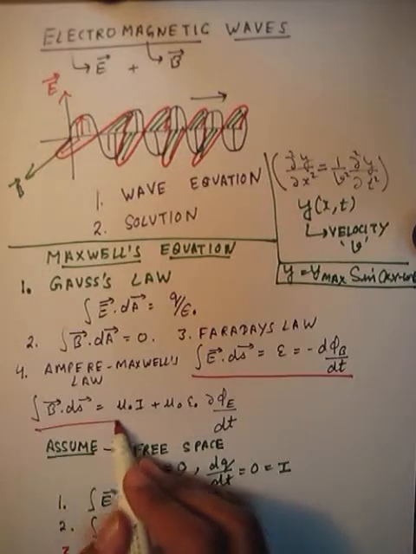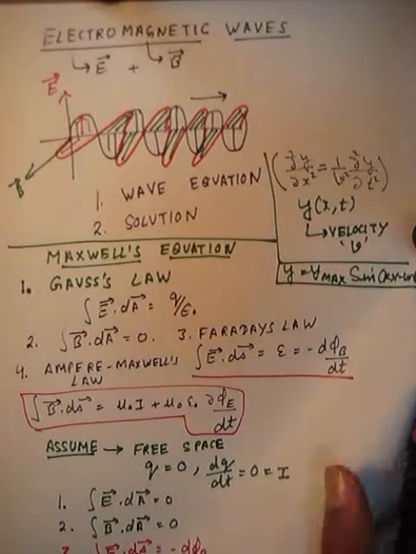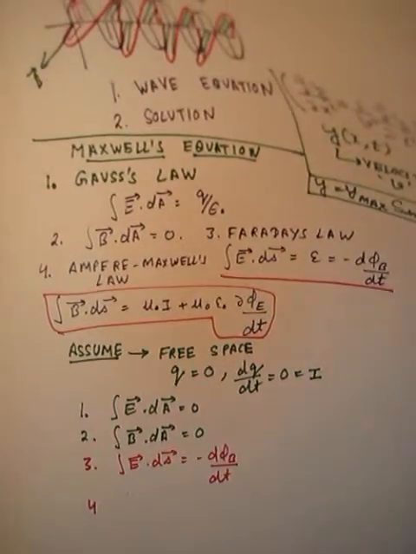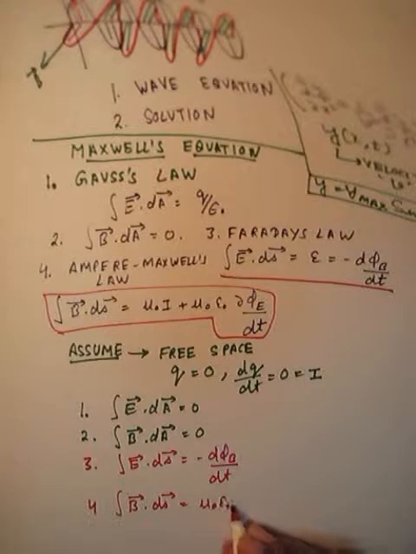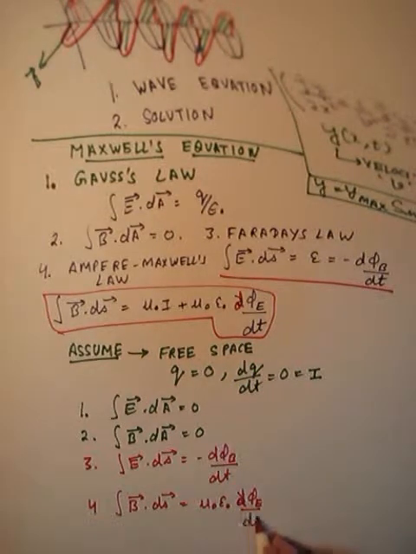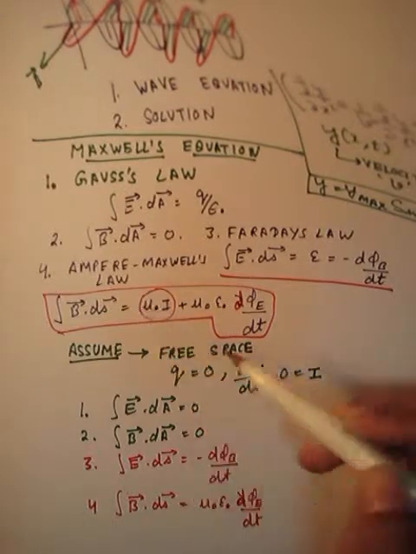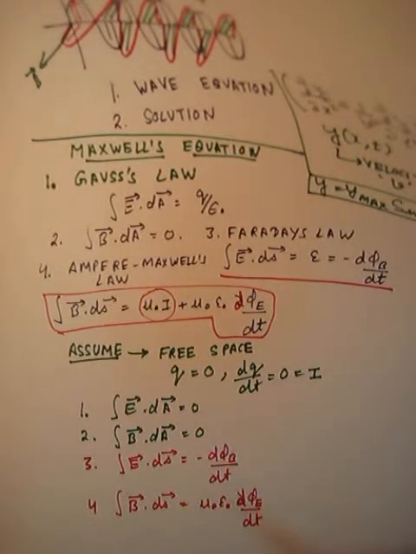And the fourth one, which is this equation, will turn out to be the integral of B vector dot ds vector equals μ₀ε₀ dφ_E upon dt. Now in this equation, current will be 0 because this is what we've assumed. So this equation will turn out to be this. Now we will use these equations and try to find the wave equation.